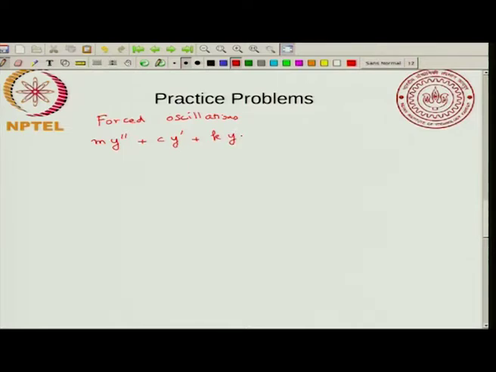If you had this equal to 0, that would be a damped harmonic oscillator. A second order differential equation with constant coefficients would correspond to a damped harmonic oscillator. Now if this is equal to some function, I'll just call it f of t, then you would call it a forced oscillator.